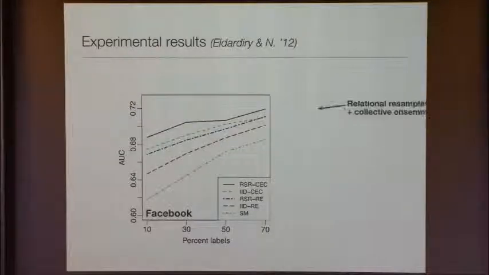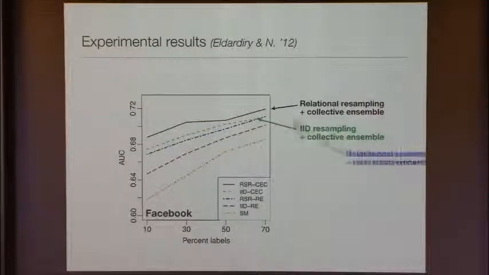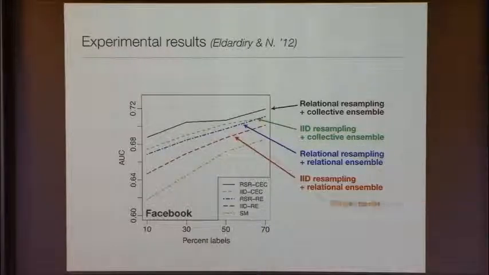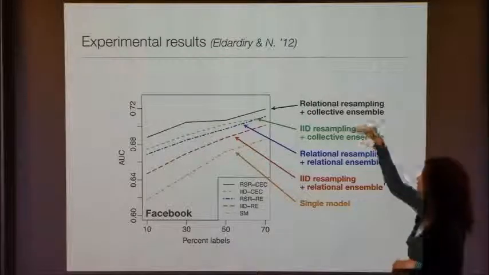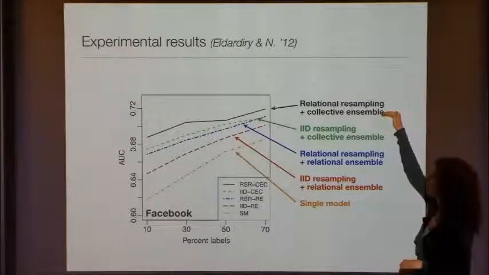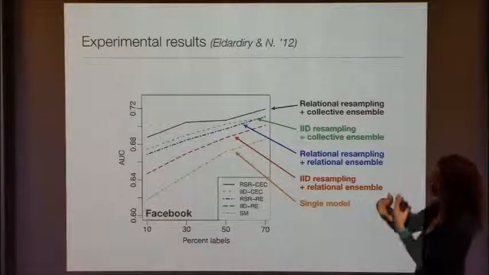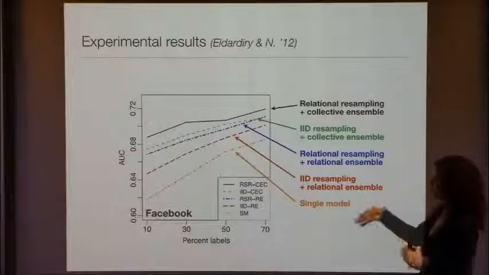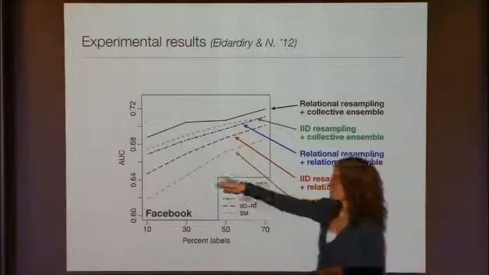And so here are some results that break down the gains that we get from how we do resampling. We could do relational resampling or I.I.D. resampling, and we can combine that with our collective ensemble, which is this interleaving process, or not. And this is the single model that we have right here.